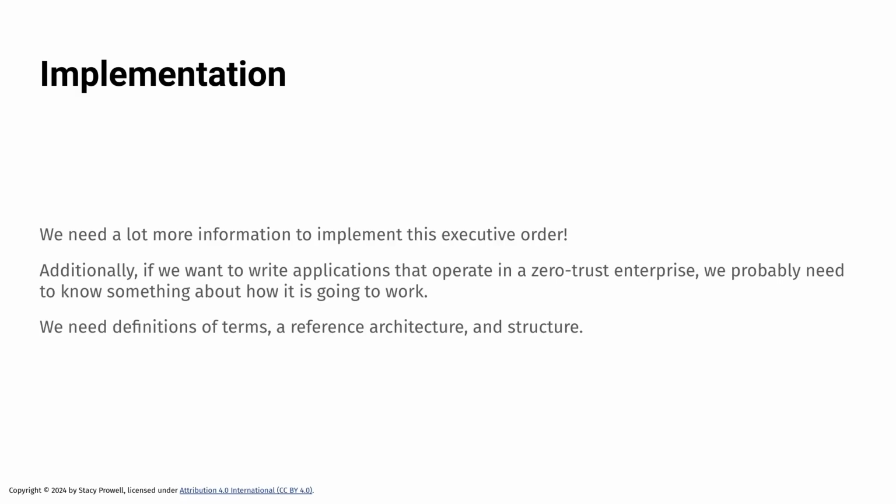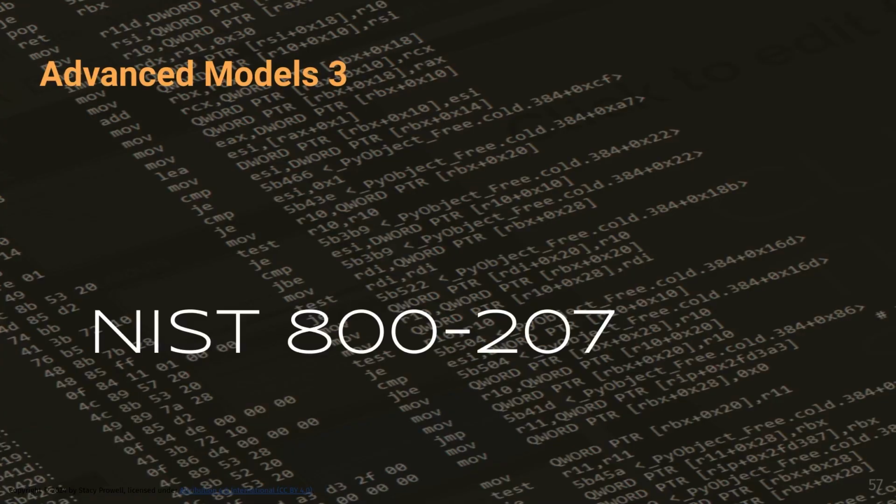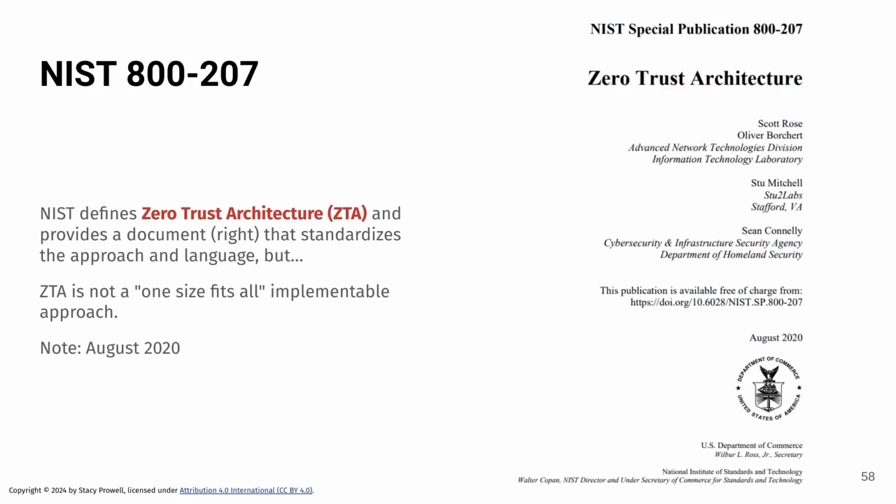Ultimately, we're going to need definitions of terms, reference architectures, structure. We're going to need to know what to do. And that takes us to NIST 800-207. That's a standard produced by the U.S. National Institute of Standards and Technology. And that tells us a little more about what it means to be a zero trust architecture.